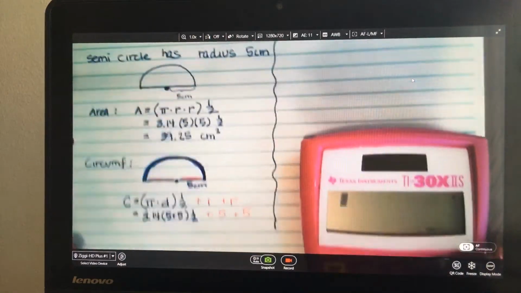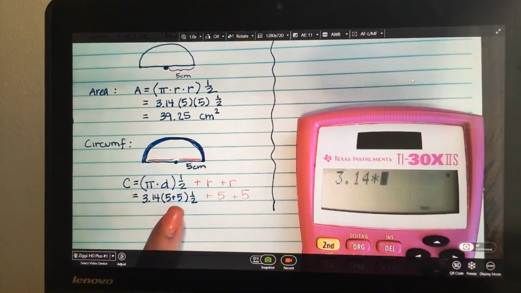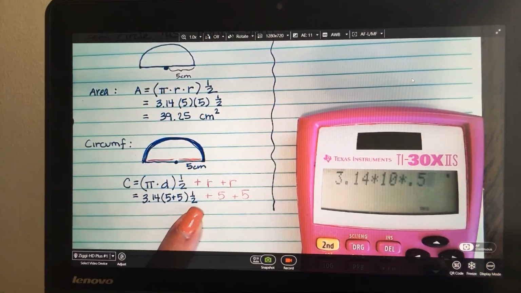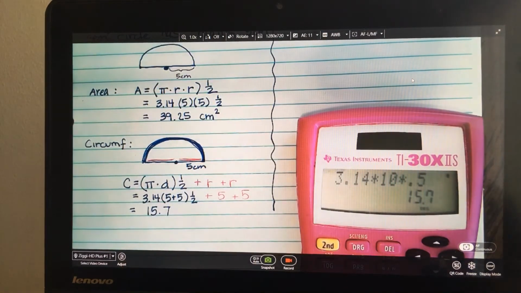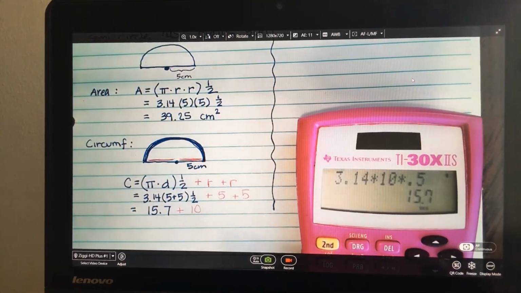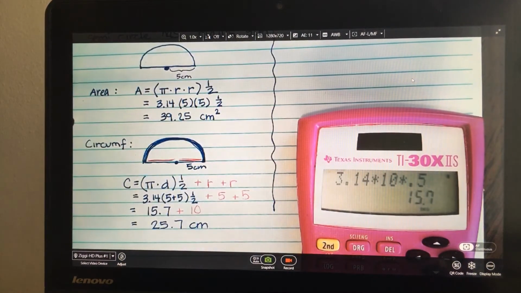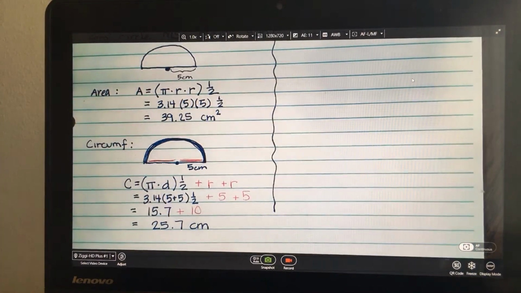So in our calculator, 3.14 times 10, I did a little bit of mental math, times 0.5. For the half of the circle part, 15.7, and then plus those 2 radius values, which is 10, that's 25.7 centimeters. Okay, so hopefully that helps you when you're working with those half circles.